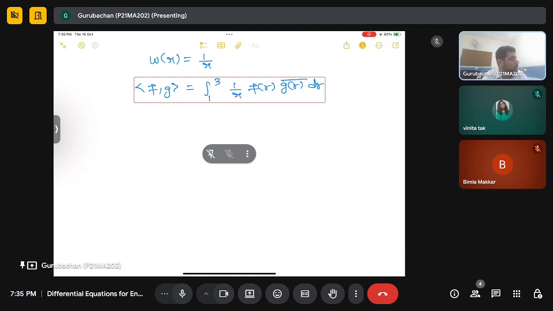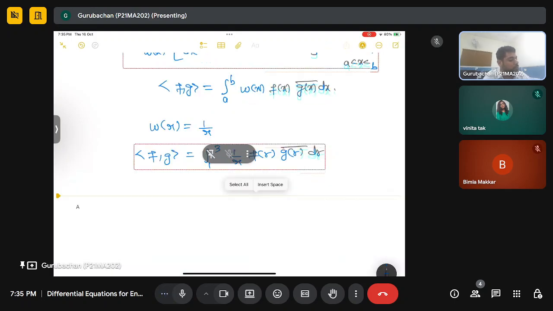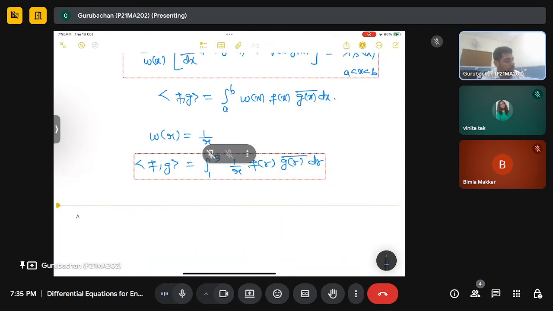So let us see how it will go. So next one is we need to solve the Sturm-Liouville problem with respect to this one. Just a second.